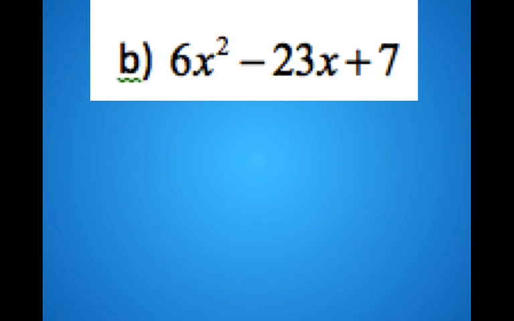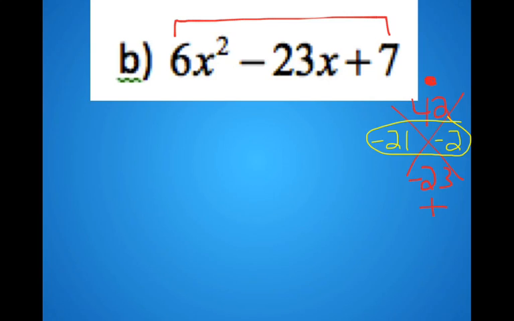Okay, this one, we're going to multiply the first number times the last number. So that would be 42. So we're going to look for 2 numbers that multiply to be 42, and they add up to be negative 23. So after a little bit of thought, you would come up with, eventually, negative 21 and negative 2.